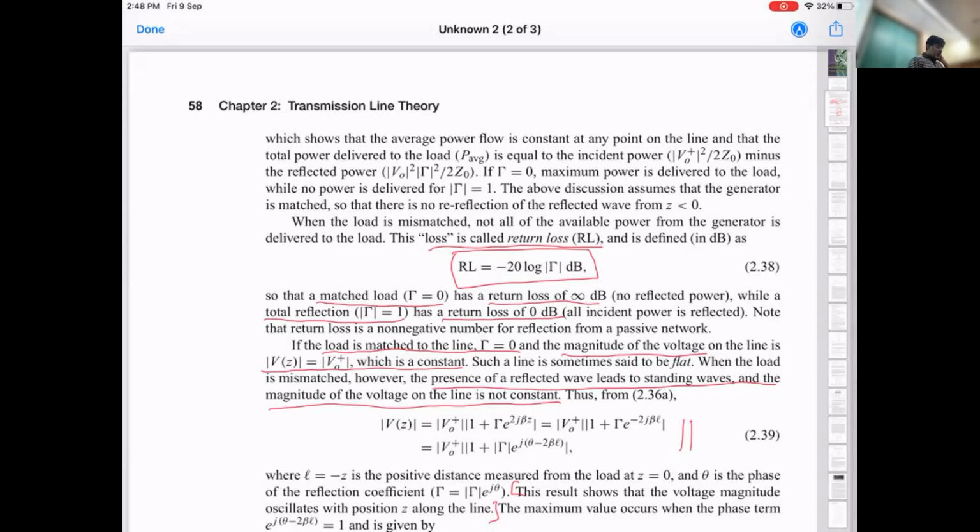And I want you to think about how much the load impedance can change if you had a characteristic impedance of 50 ohms, which is the most standard system we use for most microwave circuits. How much can the R change in order to remain within this 20 dB limit? Let me elaborate again.